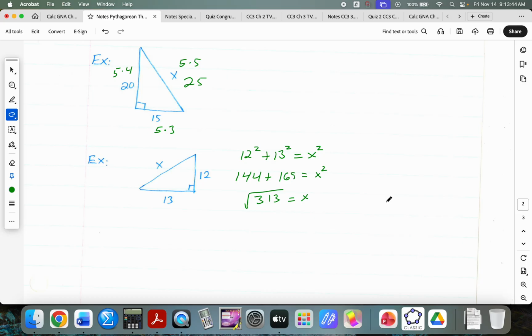11? 11, I kind of doubt it. Oh, yeah. Wait, no, 11. What about 7? No, 7 doesn't divide evenly into that. 9? 9's not a prime number.